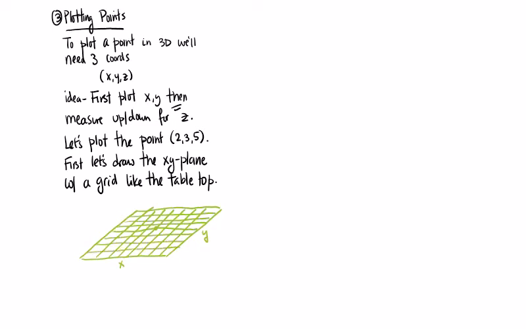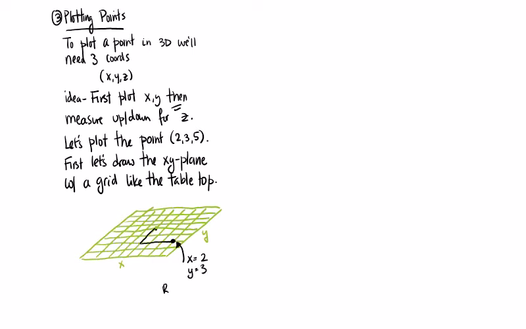And so if we start from the middle, there's the origin right there, and I'm going to go 2 units in the x direction, that's this way, and 3 units in the y direction. So this right here is the point. If we haven't done any z's, let's just say this is x equals 2, y equals 3.